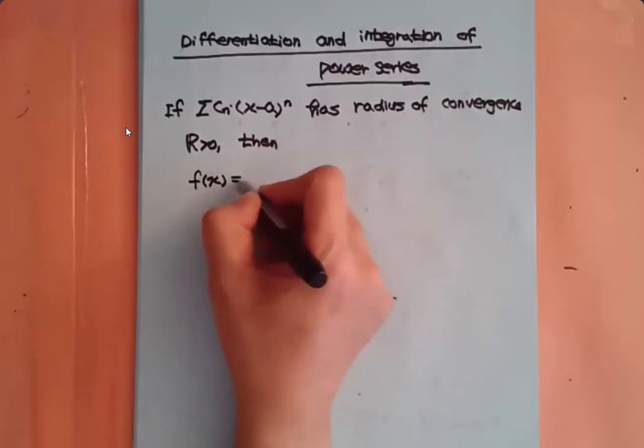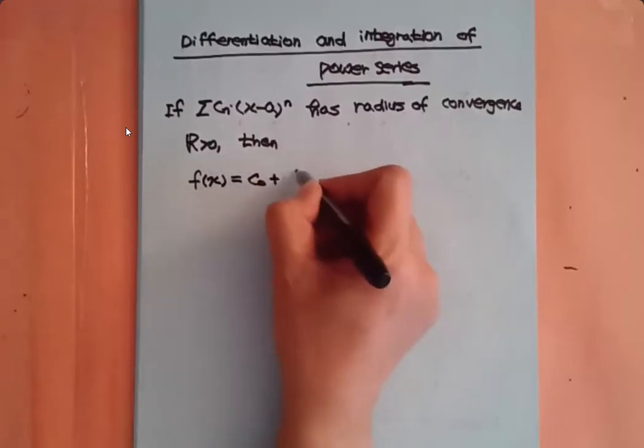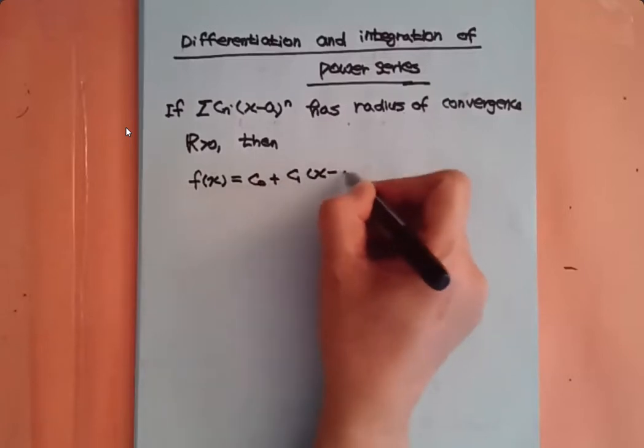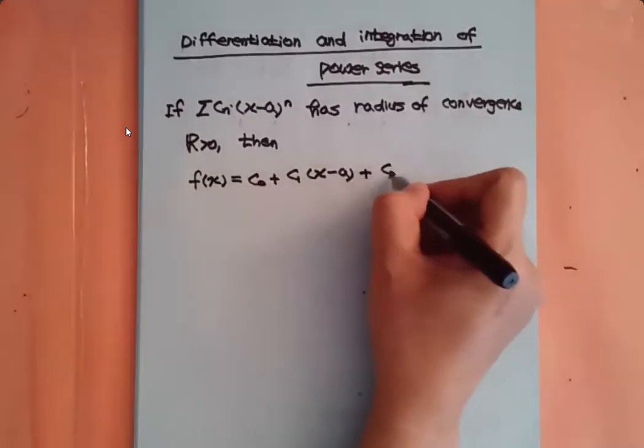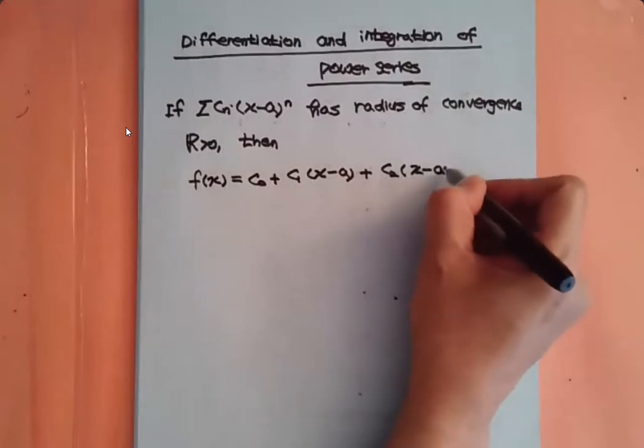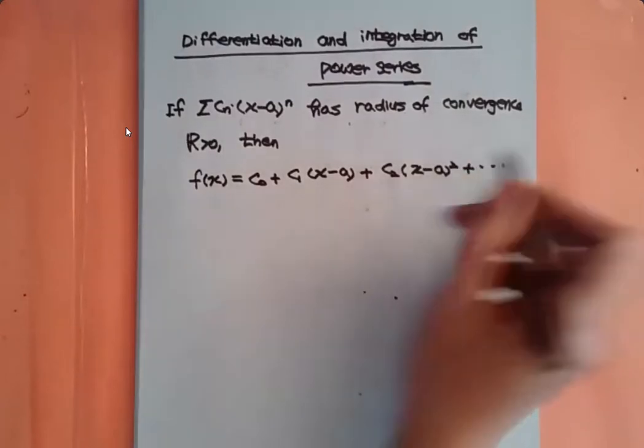So f of x is c0 plus c1 times x minus a plus c2 times x minus a squared, and so on.